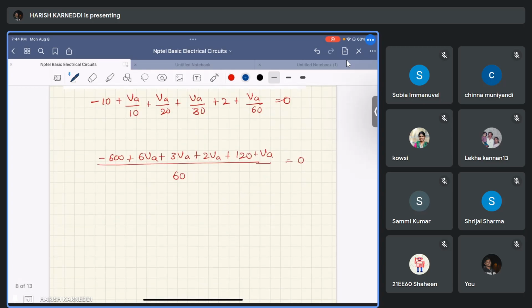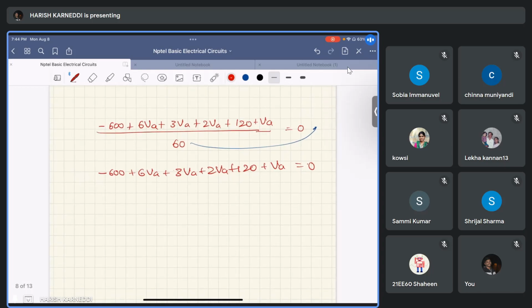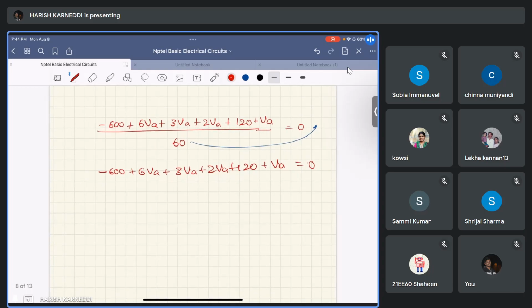We can put this 60 to this side, then it will be minus 600 plus 6 VA plus 3 VA plus 2 VA plus 120 plus VA equal to 0. Is that clear? I just sent that 60 to that side.